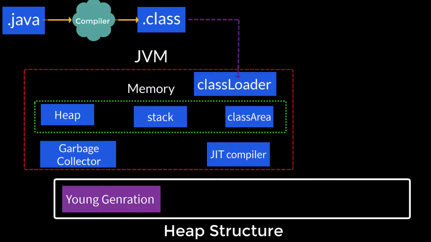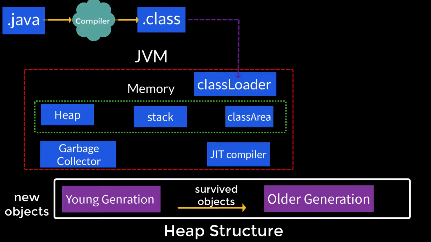Now what is young generation? Young generation is where all the new objects are allocated and aged. When young generation fills up, this causes a minor garbage collection. A young generation full of dead objects is collected very quickly, and some surviving objects are aged and eventually moved to old generation.